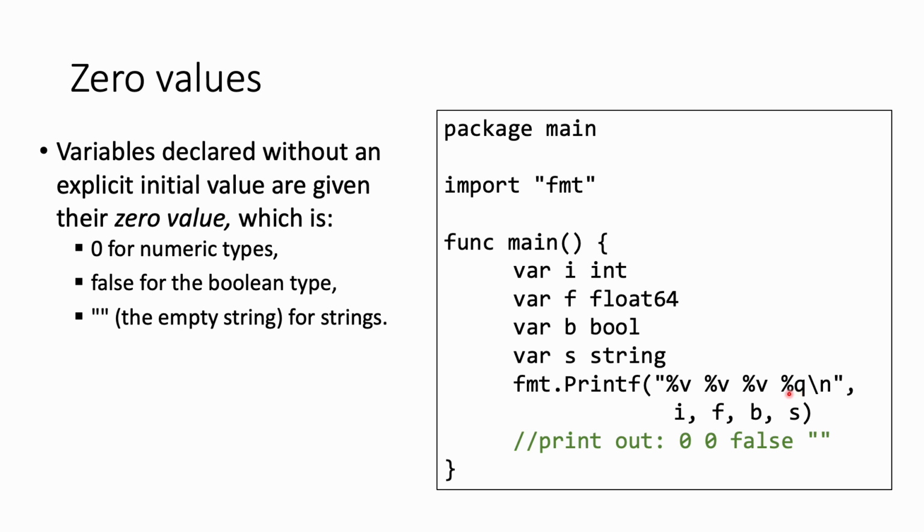This shows that variables i and f, which are of numeric types, int and float64, received value 0. And variable b, which is of type bool, received value false, and variable s, which is a string, has the empty string as its value.